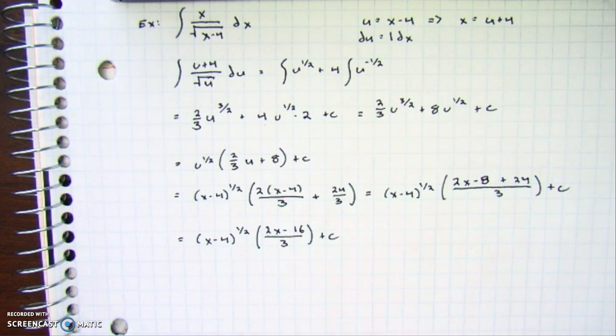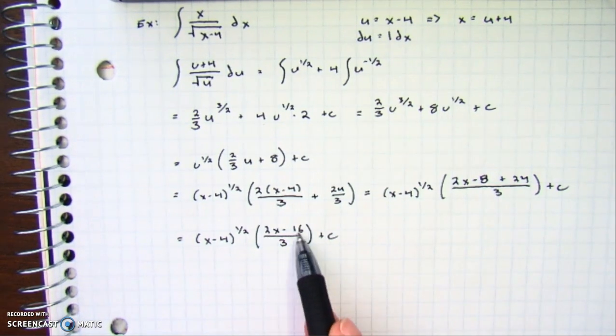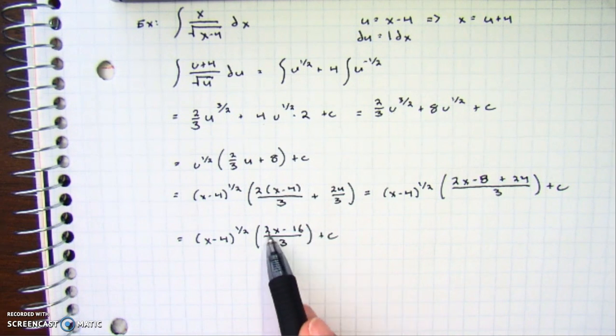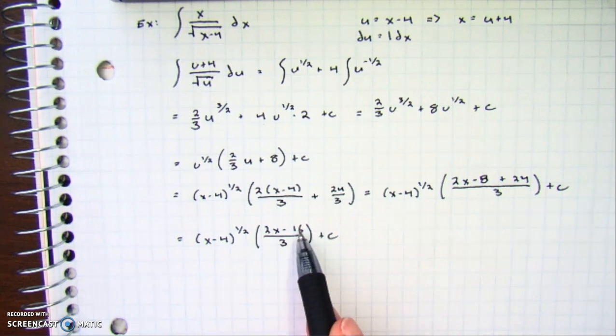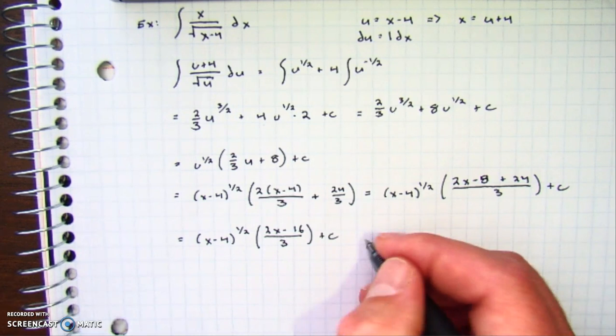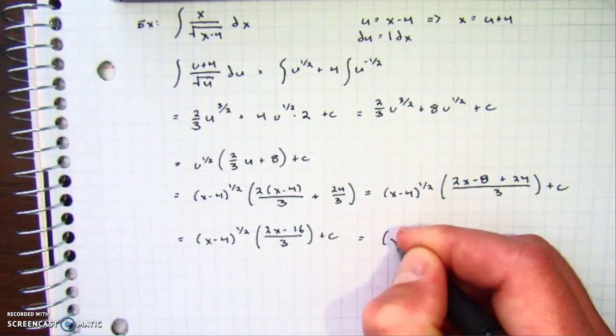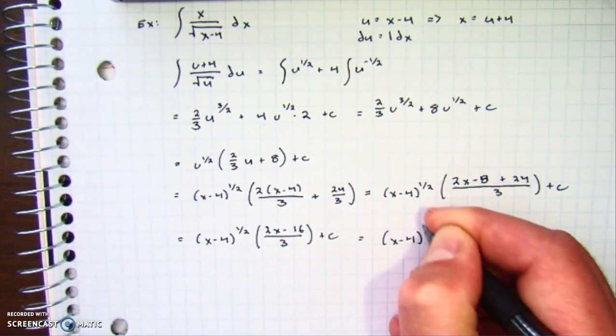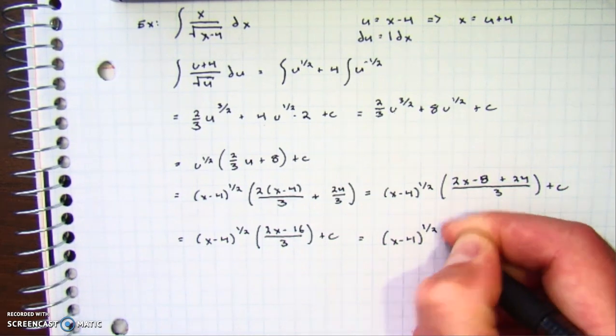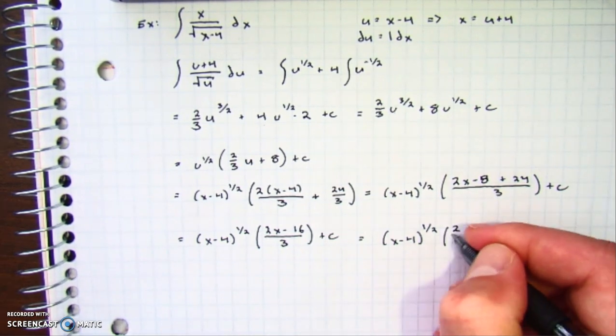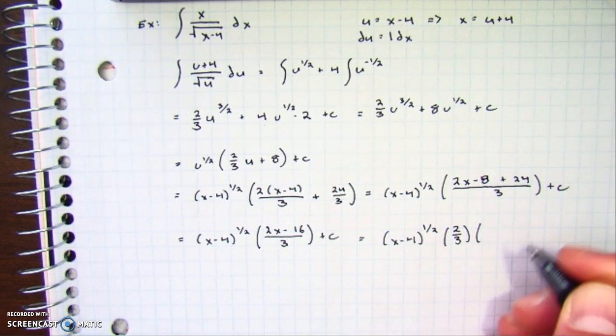Okay, oh, we're getting close now. Looking at this, I can take 2/3 out of each of these, right? I can take a 2/3 out of that one, and I can take a 2/3 out of that one. So this is going to get me to x minus 4 to the 1/2 times 2/3.